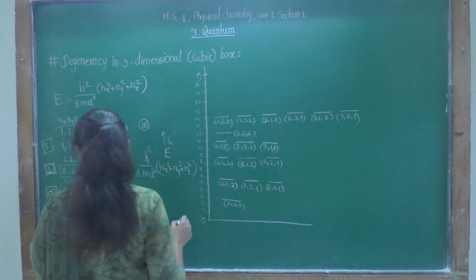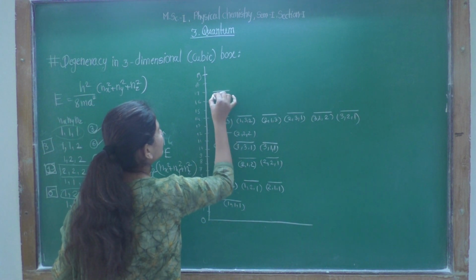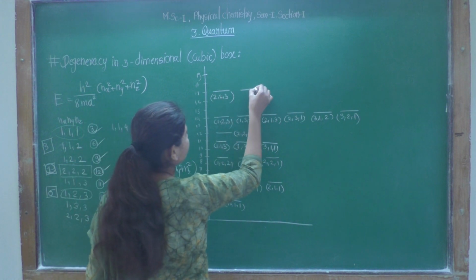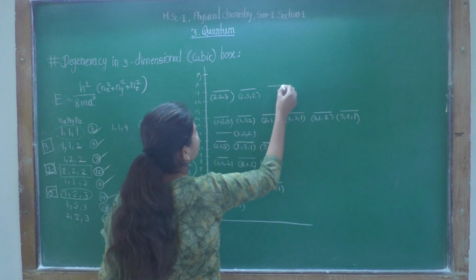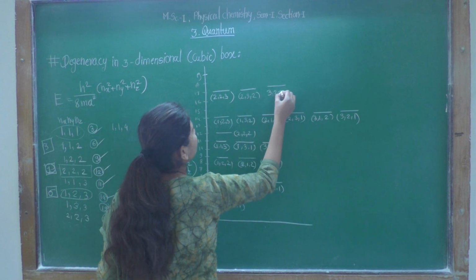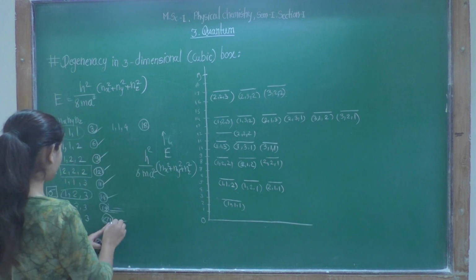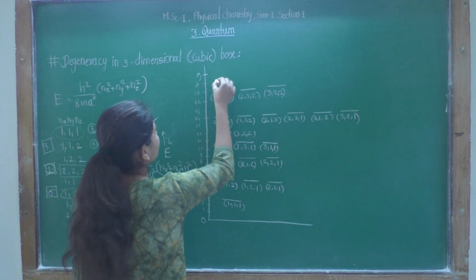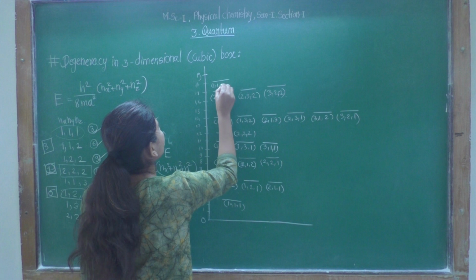Let's go towards 17. What is it? 2 2 3. For 17, 2 2 3. Again 2 digits are same, so we can recombine in 3 ways: 2 3 2 and 3 2 2, right? That's it. And next, after 17 there is 18. So let's write 18. For 18 also, see 1 1 4.